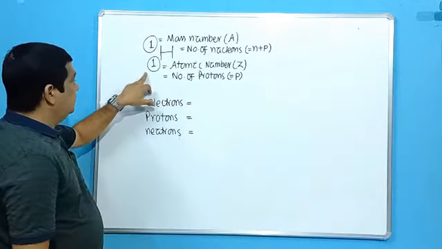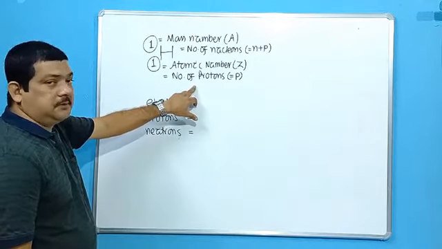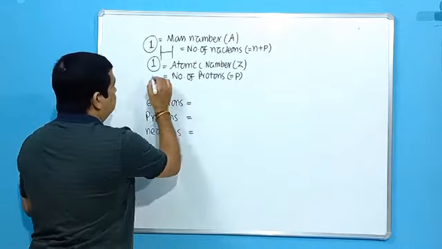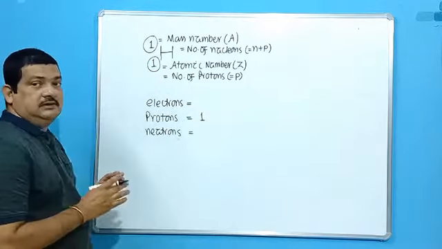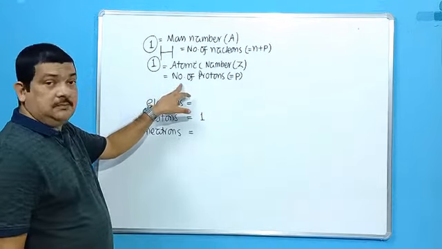So in the subscript we are writing atomic number, which is by default the number of protons. What is the atomic number? 1. That means the number of protons is 1.